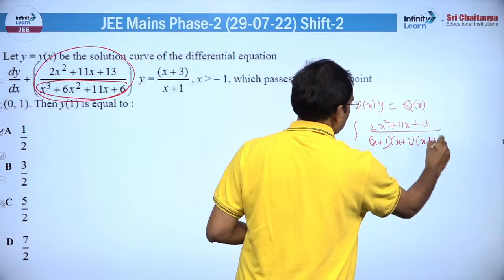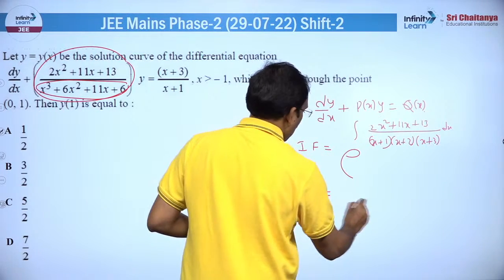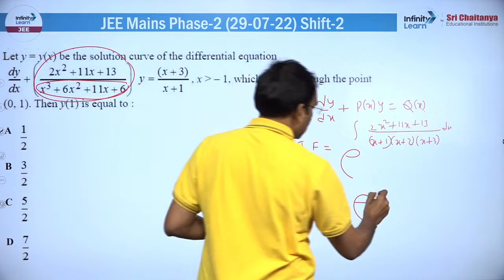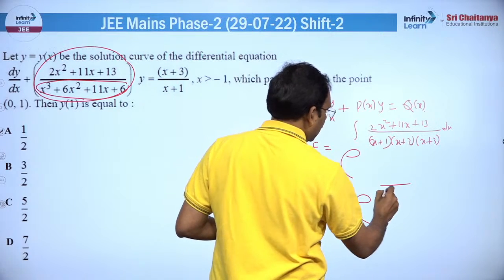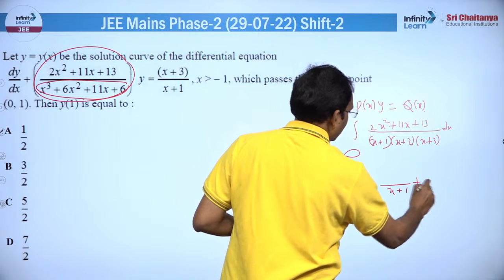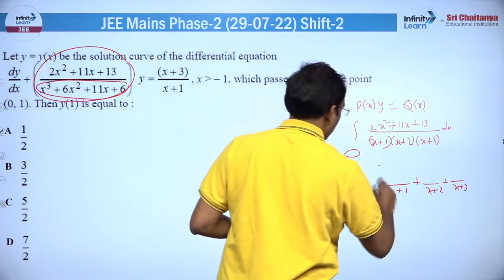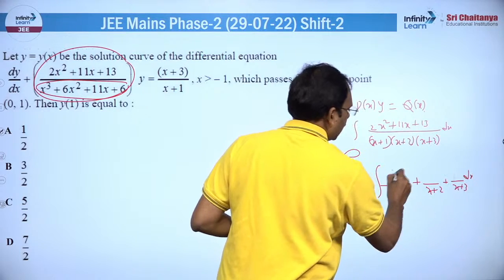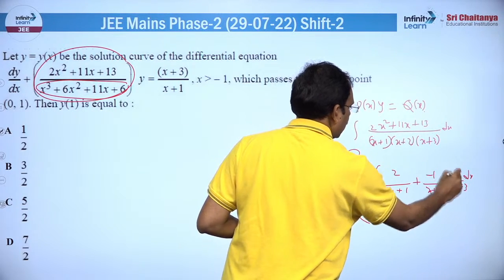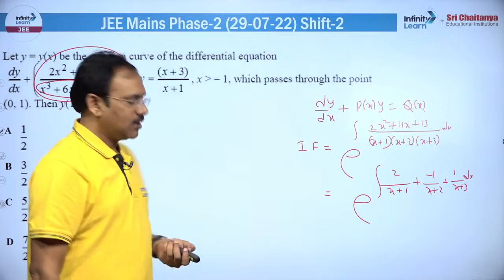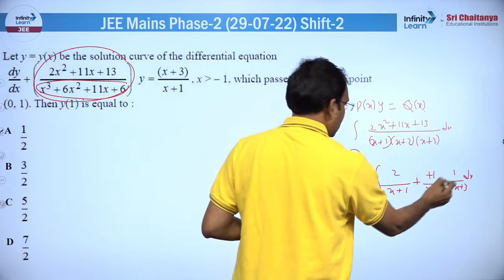Okay. I think you know how to find the partial fractions. You will get a by x plus 1 plus b by x plus 2 plus c by x plus 3 we write. So a you will get 2, b minus 1, c 1 you will get, right. So you will get b 1, c minus 1.